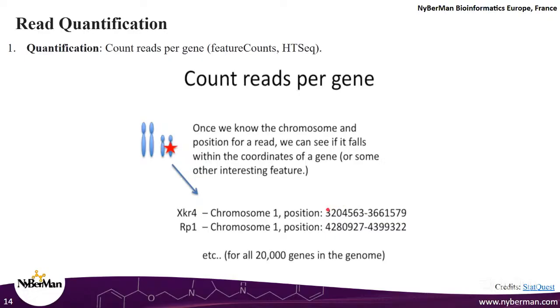So it will have that information that, okay, for this gene XKR4, it belongs to chromosome 1 and it starts from position number 3204563 and goes on till position number 3661579. Okay, and this information will be present for all the 20,000 genes in your GFF file.